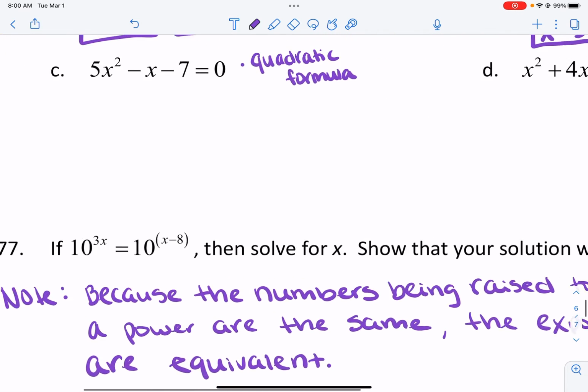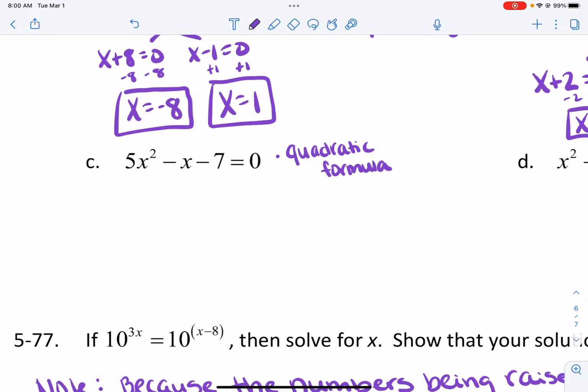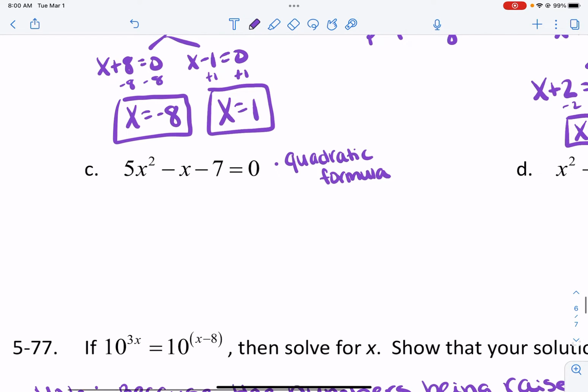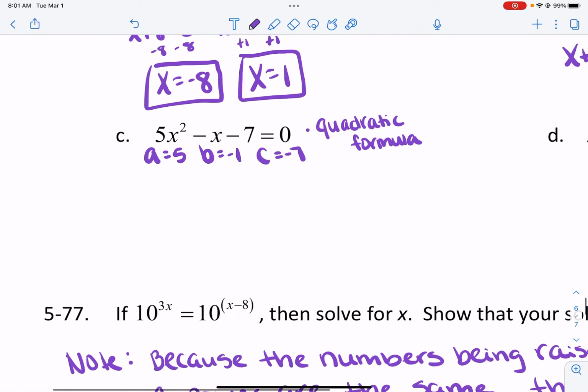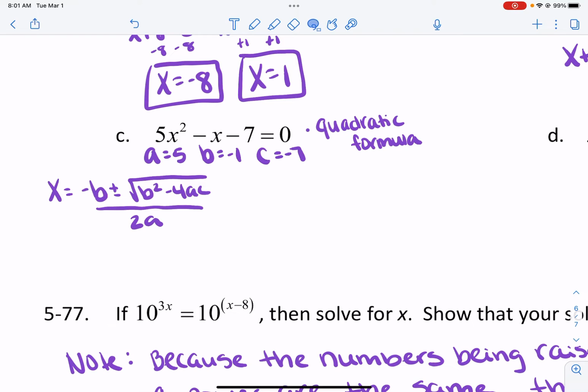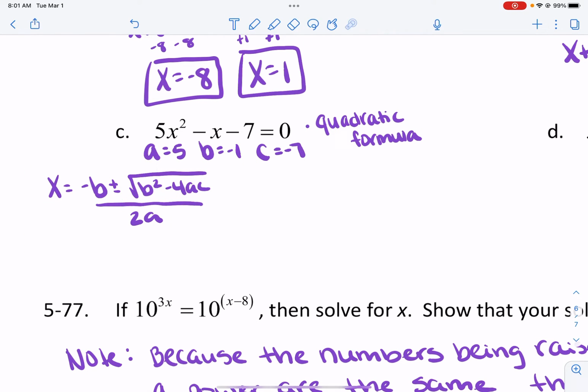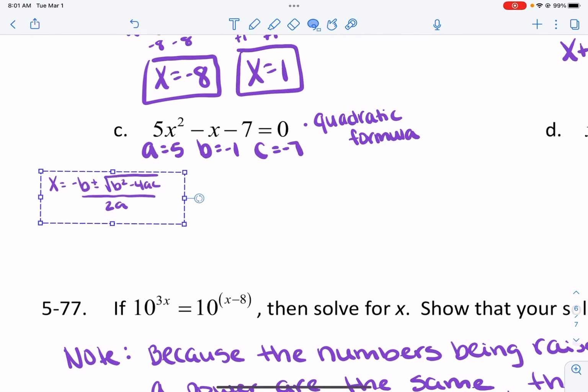Okay, part C is the quadratic formula, I think, because this one's a really tough one to factor, especially with that 5. So let's make A equal 5, B equal negative 1, and C equal negative 7. So if it helps, you can rewrite the quadratic formula down. That's x equals negative b plus or minus the square root of b squared minus 4ac all over 2a. If it helps you to have this right there, otherwise it is right up above. Let me make it a little smaller.